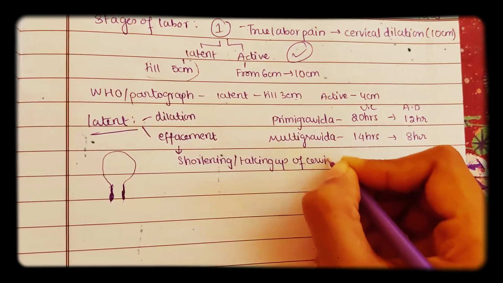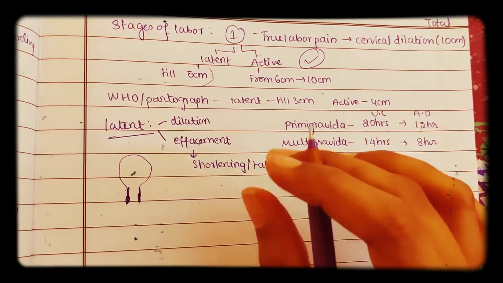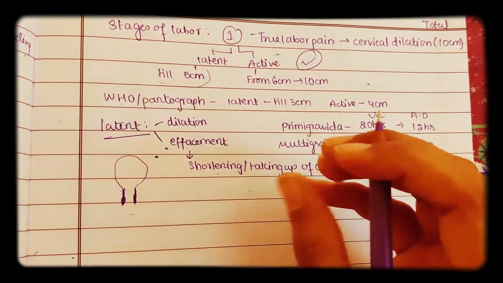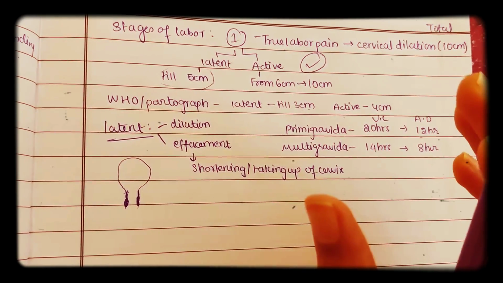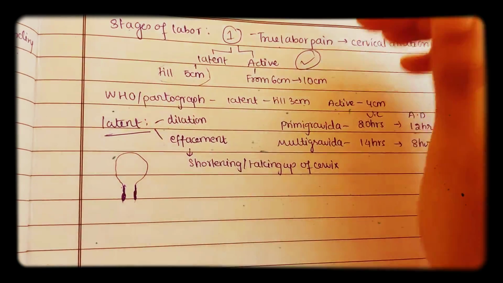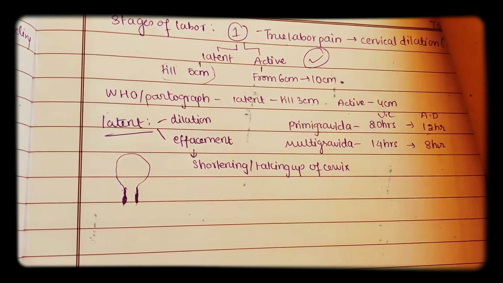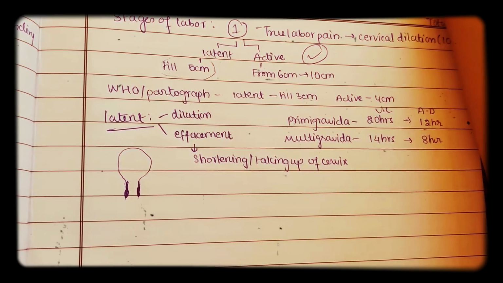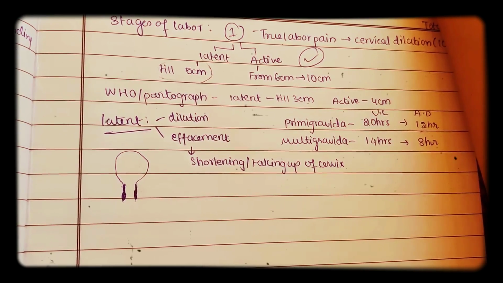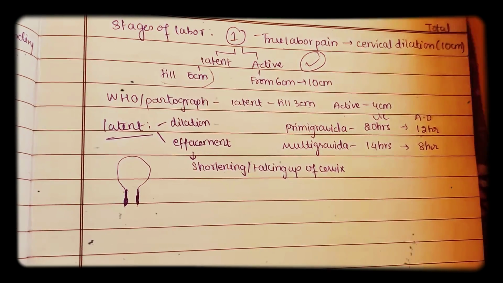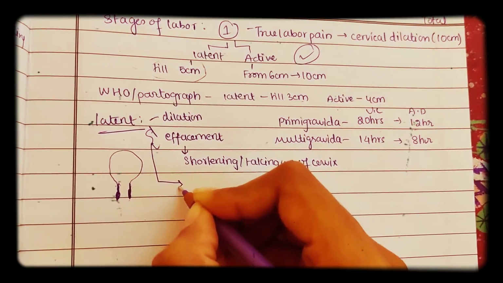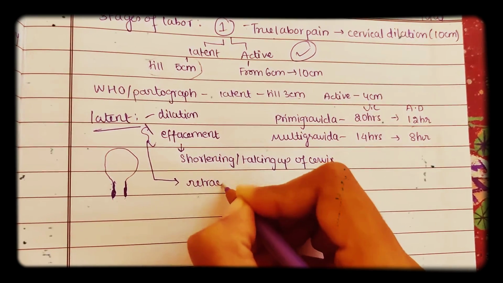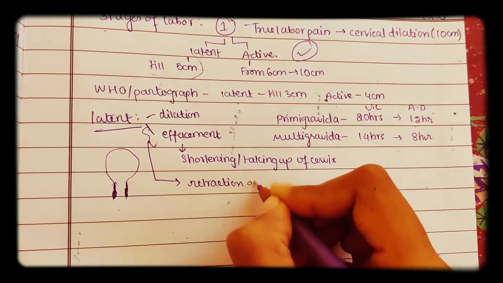Okay, so this process is going on in the latent phase. So latent phase is somewhat like a lazy phase. It's like a preparatory phase. It's not an exact active phase where the baby is now going to deliver. It's just a latent phase. Now coming to dilation and effacement of cervix: both occur mainly due to retraction of uterine muscles.